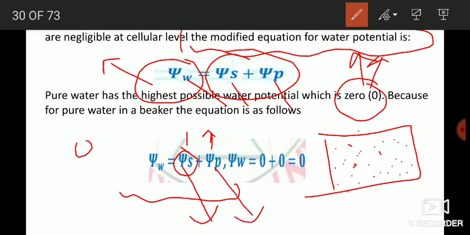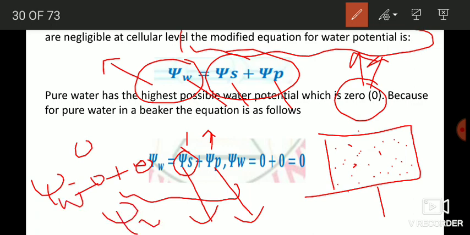It means there is no osmotic entry of water into the cell, so psi p will also be 0. Turgor pressure will be 0, or you can say hydrostatic pressure will be 0. So psi w equals 0 plus 0, obviously the water potential will be 0. We can say water potential equals 0 for pure water.